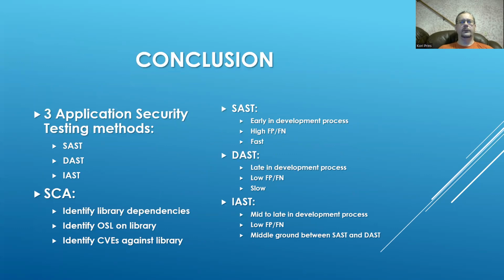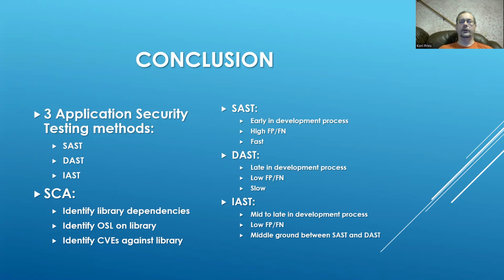In conclusion, we covered the three primary application security testing methods: SAST, DAST, and IAST. We covered what software composition analysis is and its functionalities to identify library dependencies, identify open source licenses on a library, and identify any CVEs on any open source libraries.